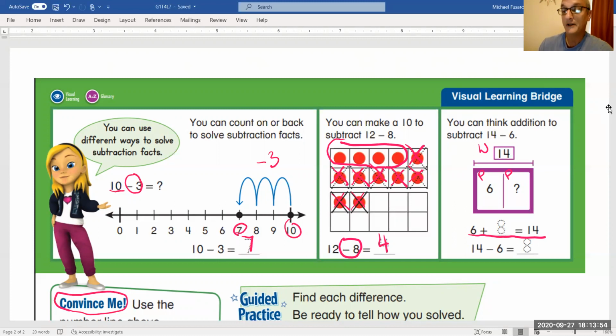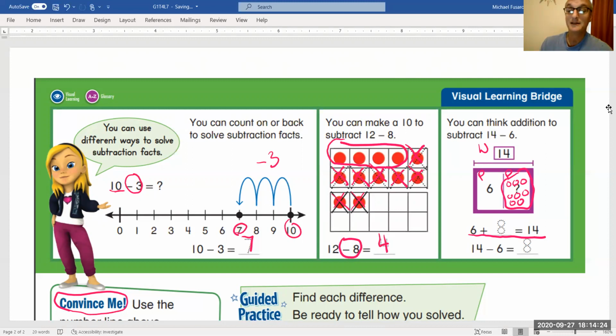Remember what we could do? We could count on, which I like to do, and is probably the easiest thing for you guys to do. So we start at 6. We're going to stop at 14, and we're going to draw the circles as we count. So 6, 7, 8, 9, 10, 11, 12, 13, 14. So I know that the part that's missing is this guy in here. 1, 2, 3, 4, 5, 6, 7, 8.